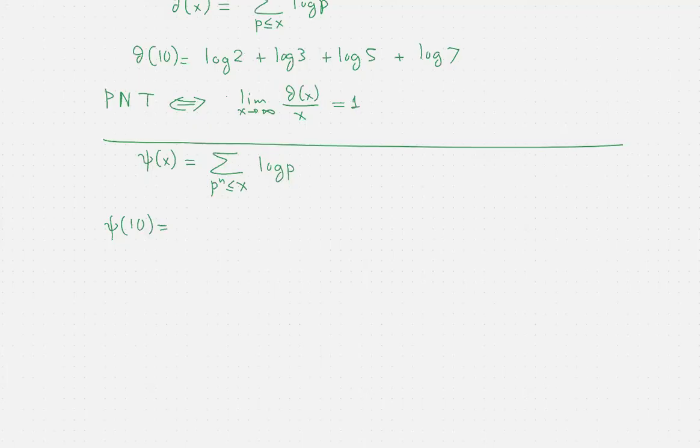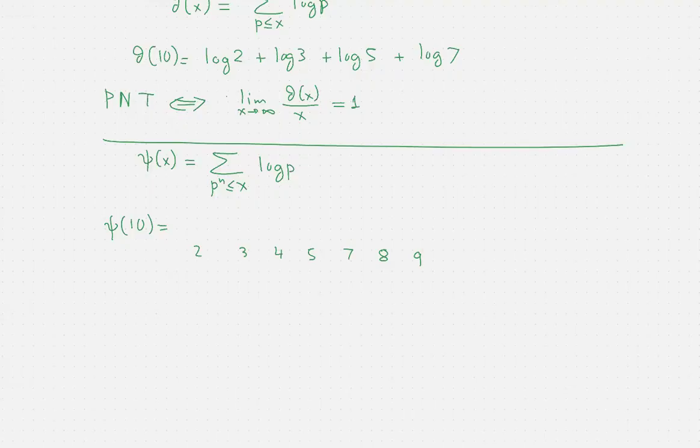And here we have plenty, right? So we have 2, we have 3, we have 4, we have 5, we have 7, we have 8, and we have 9, right? So the only numbers for which we don't get prime powers are pretty much 6 and 10. Every other number is either prime or is a prime power.